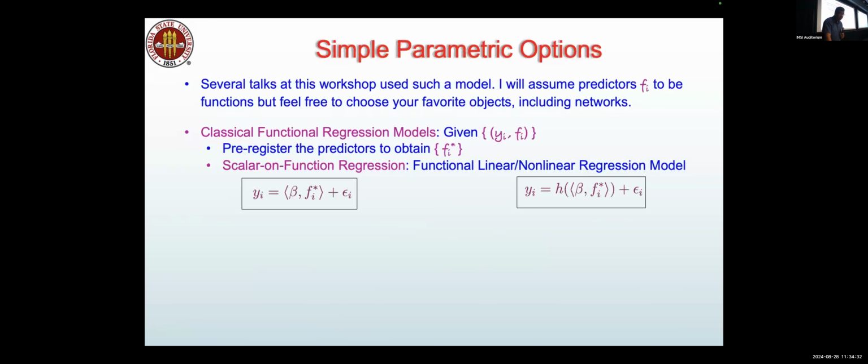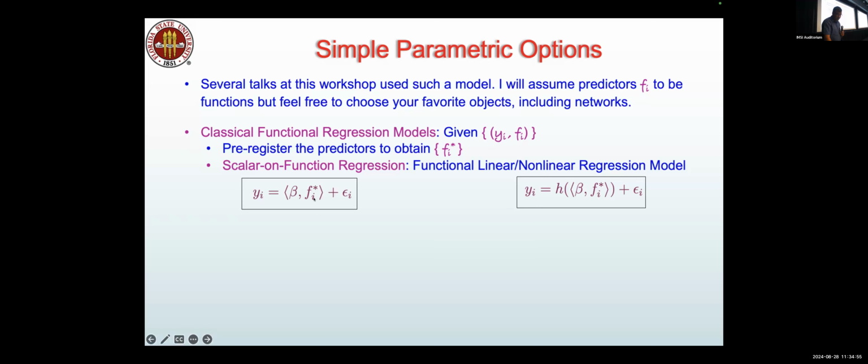In fact, I'm going to skip this slide. Looking for a parametric model. Just a quick repeat: you have some functional predictors, Fi, and scalar responses, Yi. What we do currently is pre-register this data using some off-the-shelf registration technique, and then write some kind of model.